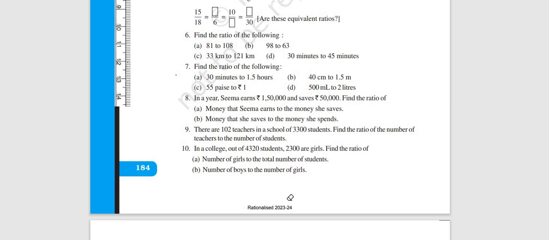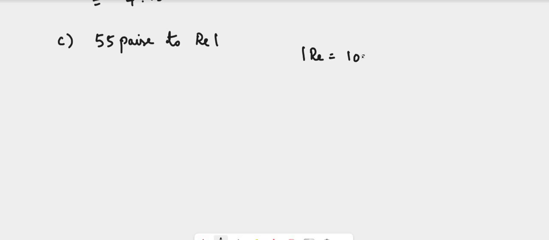Now come to part C. 55 paise to 1 rupee. So the left side part is in paise, the right side part is in rupees. So 1 rupee is equal to 100 paise.